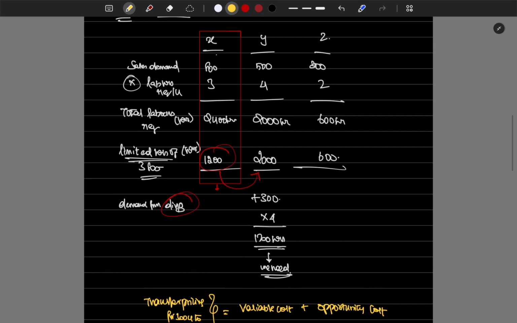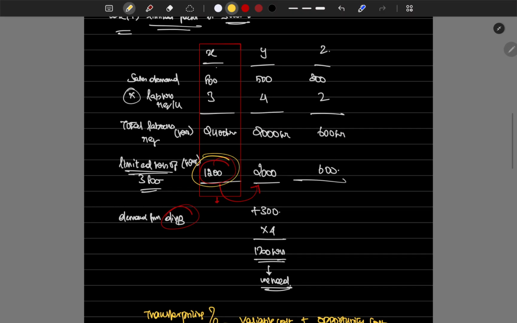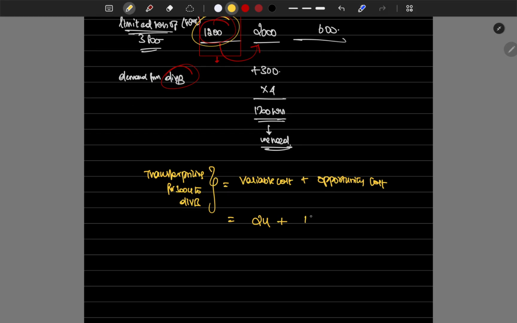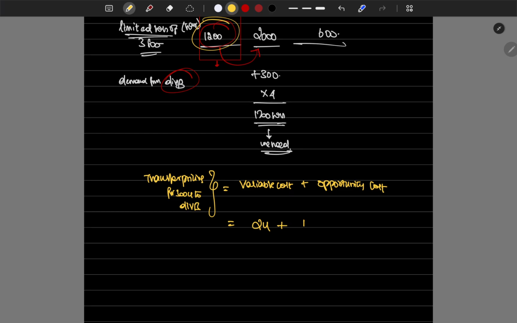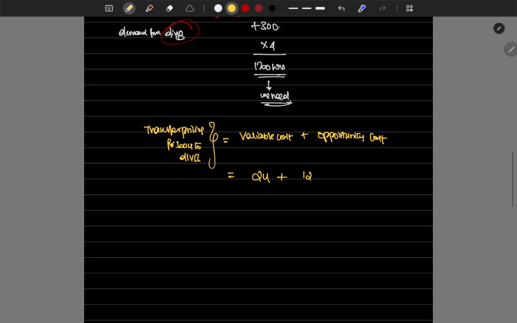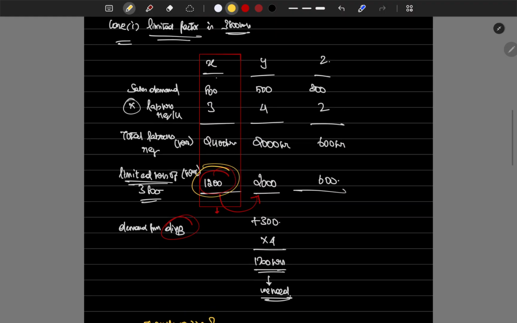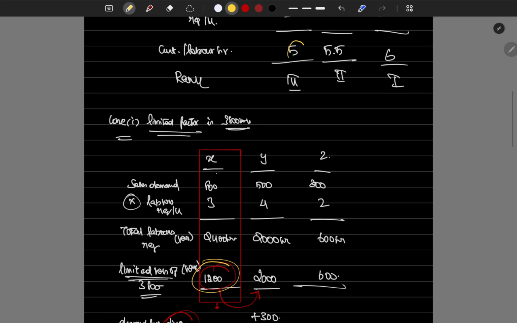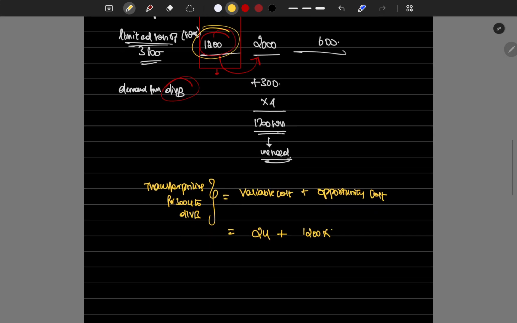We are losing the opportunity of these limited 1200 hours. So the sacrificed hours by product X is 1200 into the contribution we have for product X, which is 5.